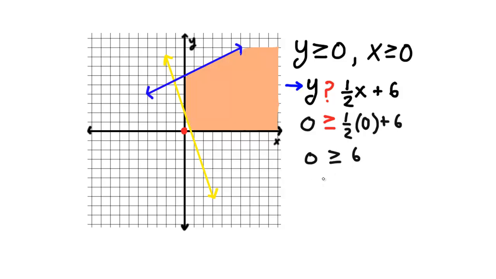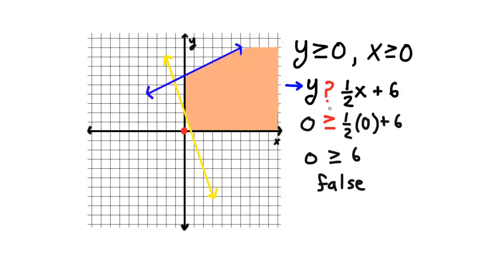And we know this is false. So we should shade the side that is opposite of the test point, so this side here. But we don't want that. We want to shade the side that includes the test point.